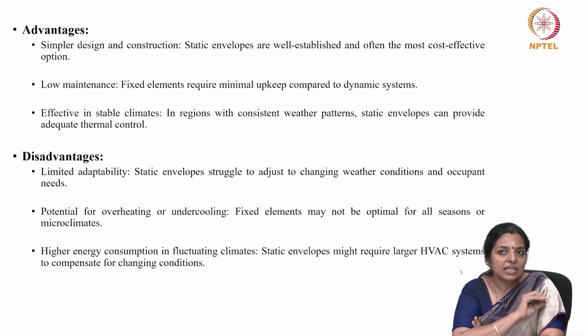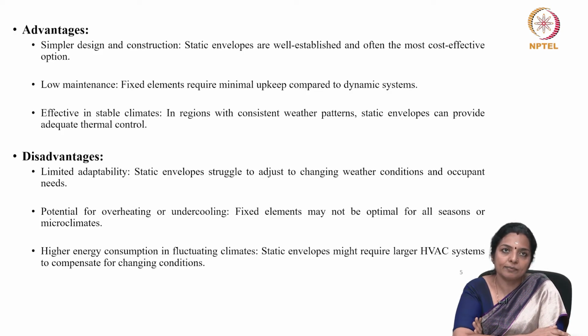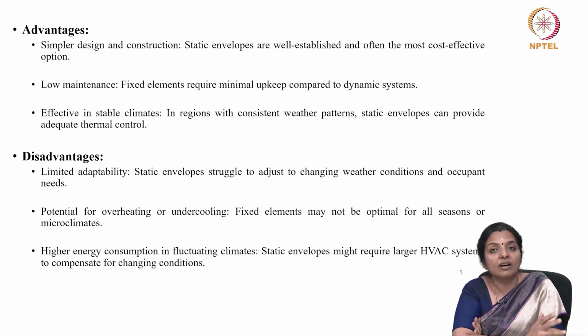They have static envelopes which are well established, and therefore it has been built over and over a period of time, resulting in cost effectiveness. It is low maintenance because it has fixed elements which require minimal upkeep. There is no motor involved in it. There is no mechanical system involved on the facades.